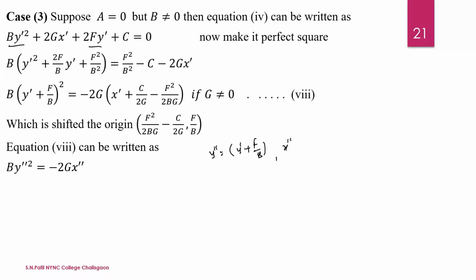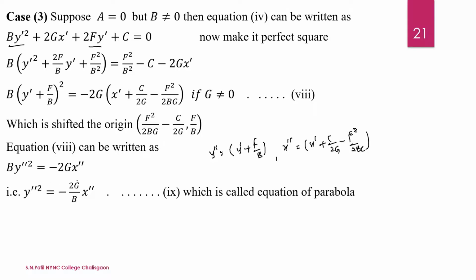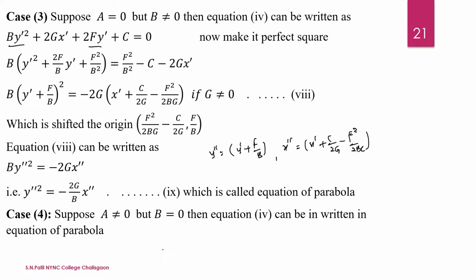Similarly, x double dash is equal to the value a x dash plus c upon 2g minus f square upon twice bg, in this way. So this represents the parabola. Okay, now the next case is vice versa, means b is 0 and a is non-zero. Okay, again it represents the parabola.